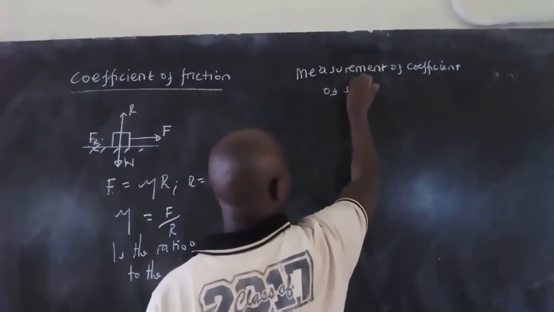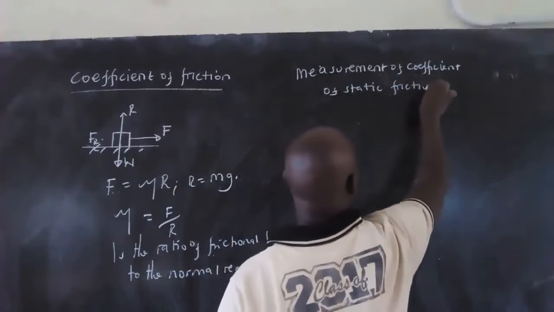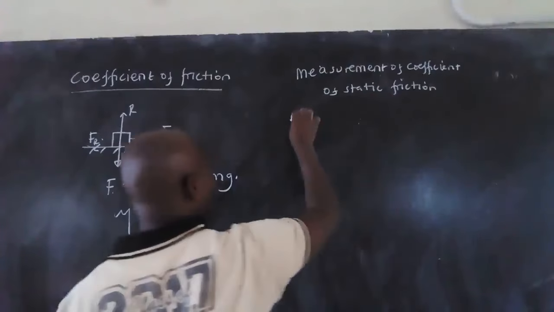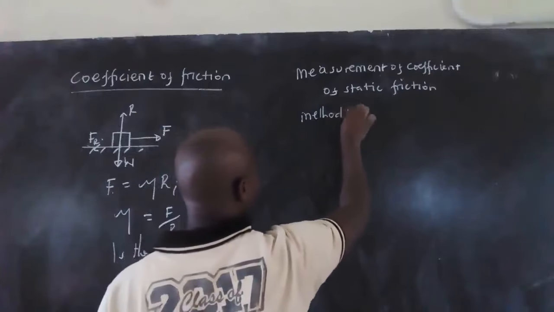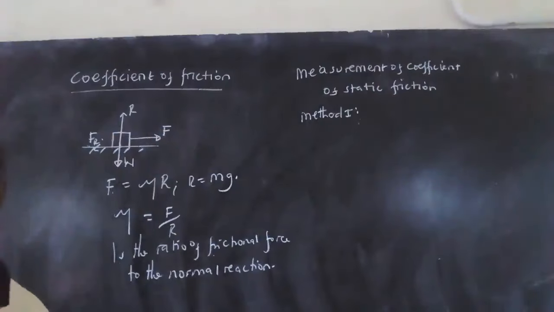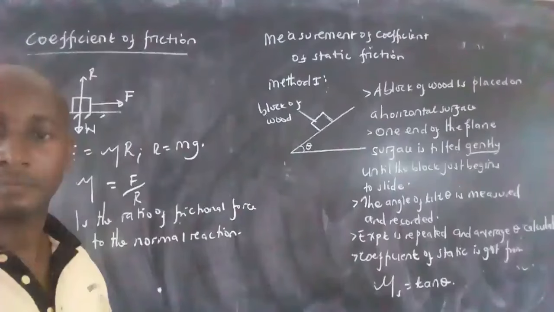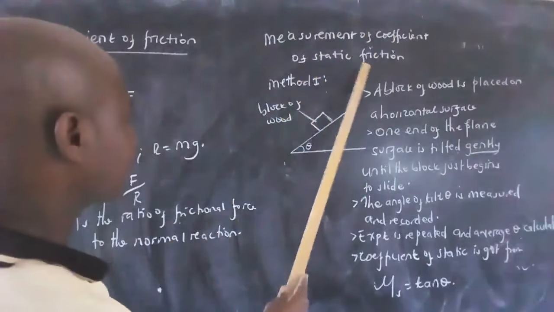So we have method 1. There are two methods. Let us look at method 1. So we have the measurement of coefficient of static friction.